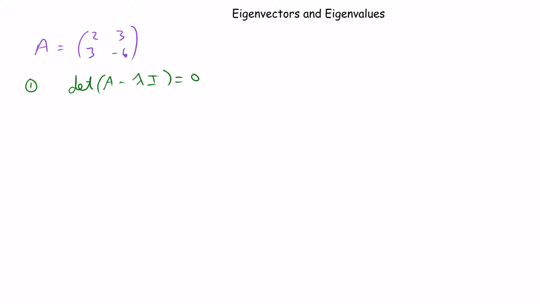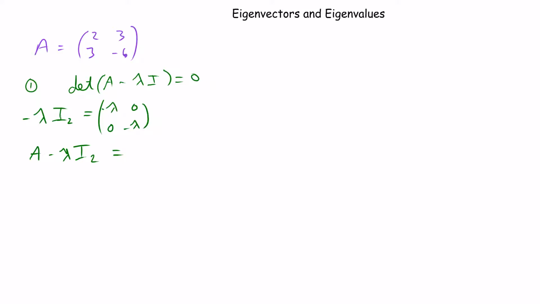So we've got A. Lambda I is going to be lambda times the identity matrix, and here the identity matrix is a square with size 2, and that is going to be lambda, 0, 0, lambda. Now obviously, because we're taking away, we can make that negative. That simplifies our life.